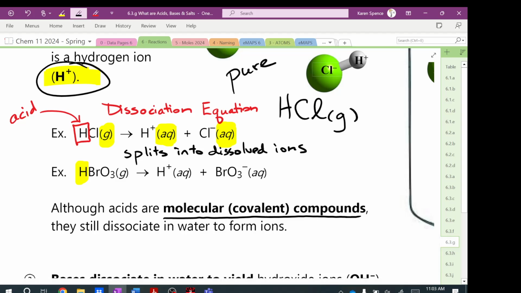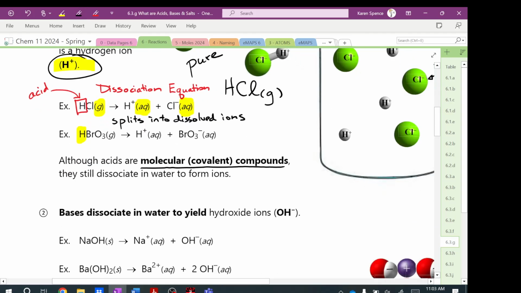Don't worry about the ins and outs of that. Just be like, okay, acids split apart and they form ions. So don't think about it too hard. We will talk more about it if you take Chemistry 12 next year. You will learn a lot more about that, but for this year, that's all you're going to get, okay?